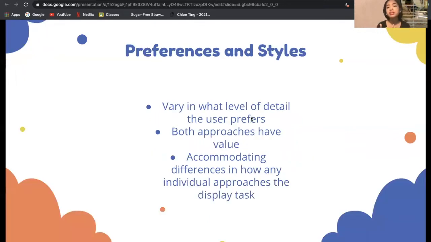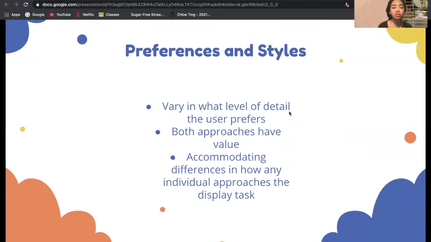Therefore, there are certain things you have to think about before you choose which one you want to use. The first one is preferences and styles. This varies in what level of detail the researcher prefers. If they prefer it to be much more detailed, they can use the program model.